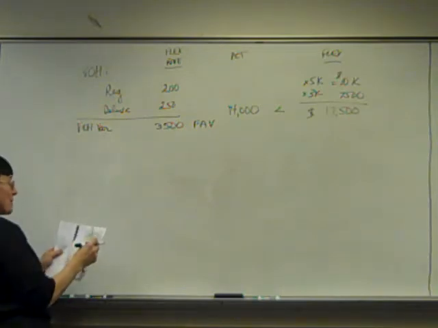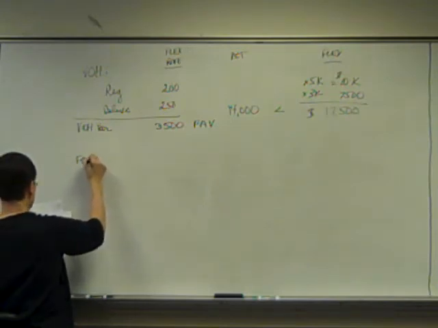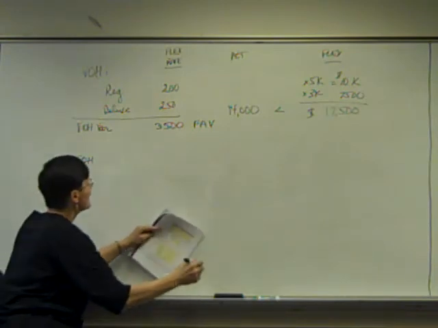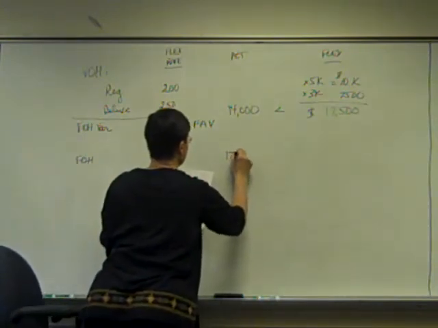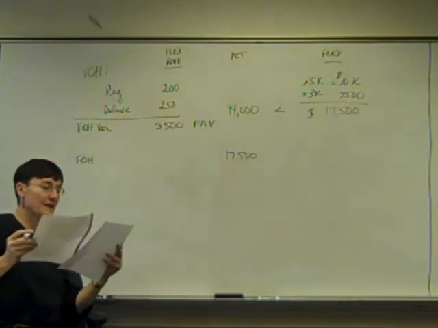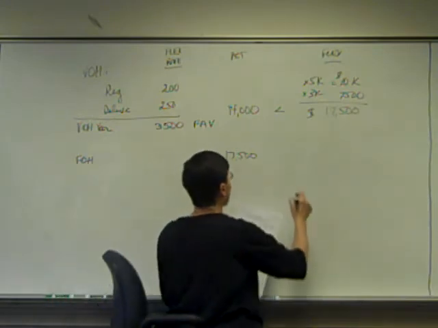And in fixed overhead, you're told that we actually spent 17,500. Budgeted fixed manufacturing overhead is 15,000 a month.